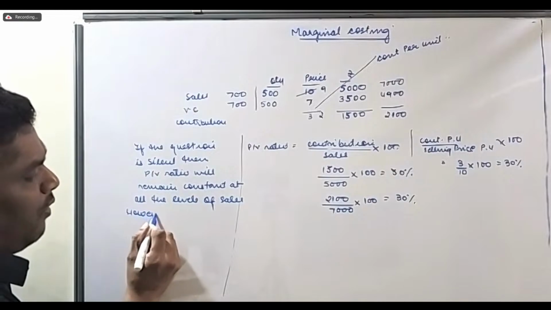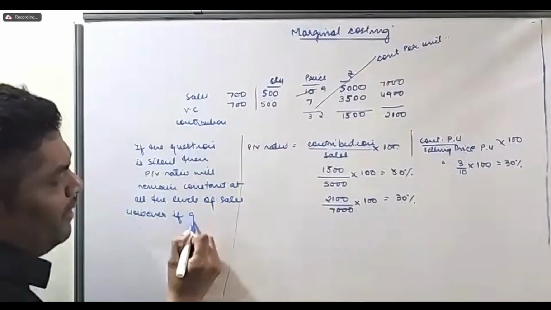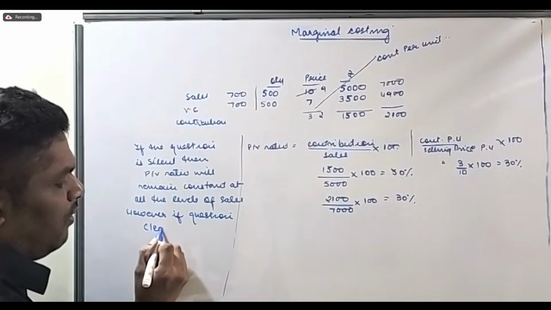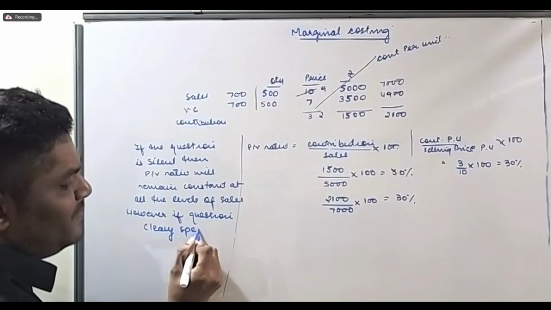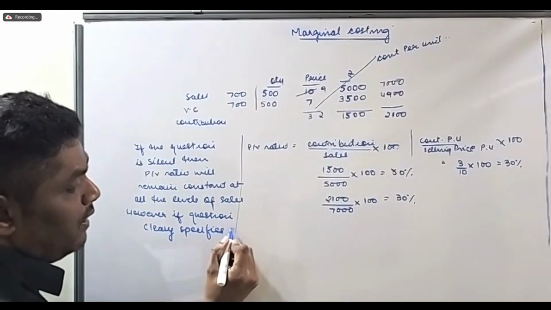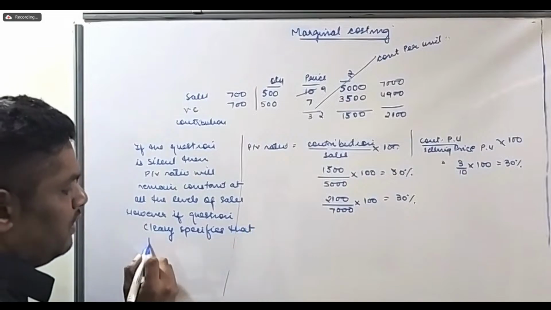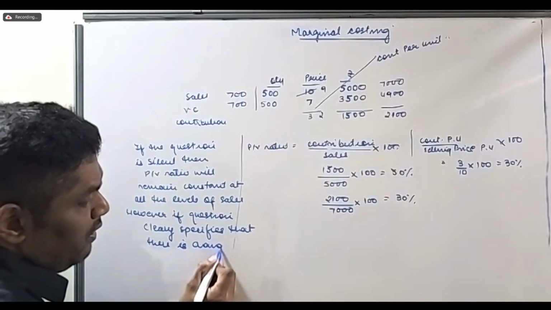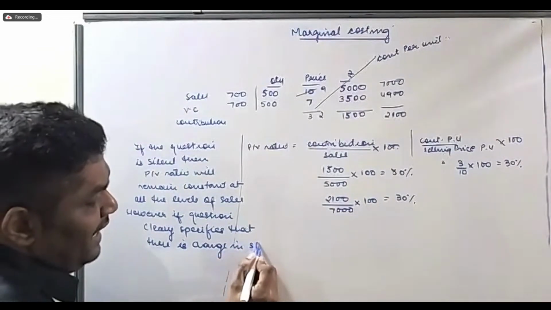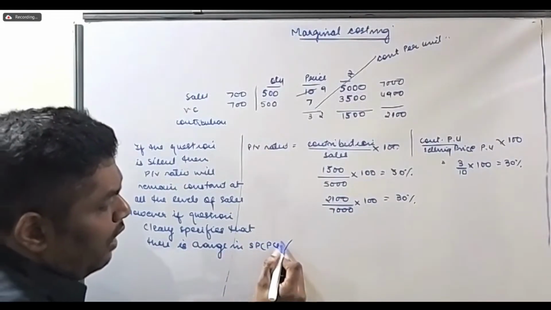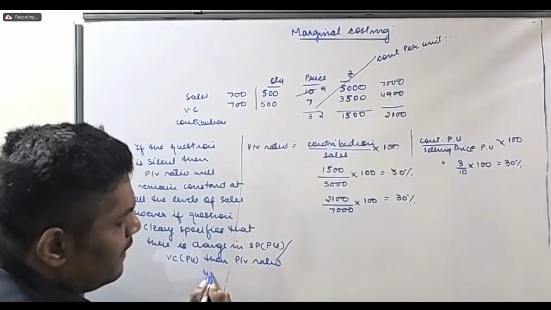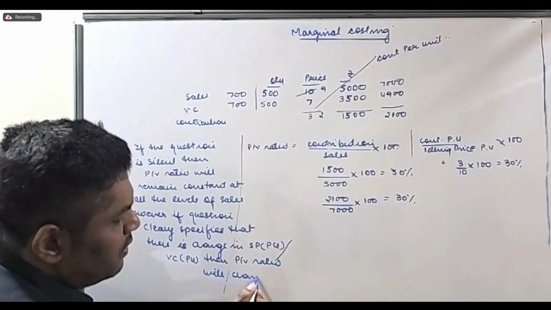However, if the question clearly specifies that there is a change in selling price per unit or variable cost per unit, the PV ratio will change.